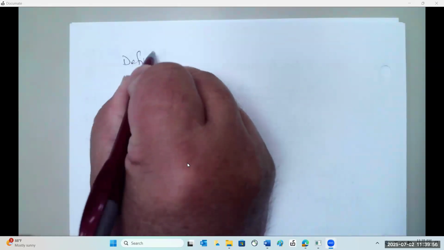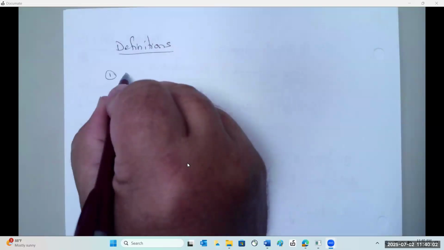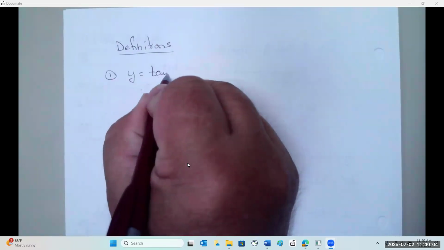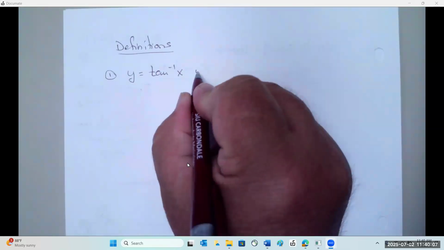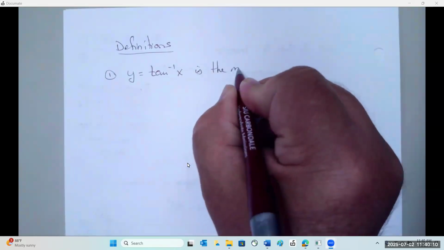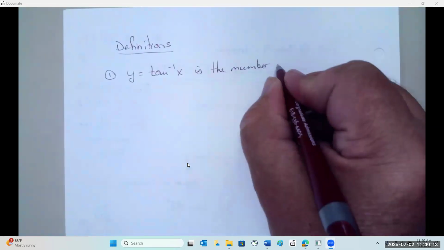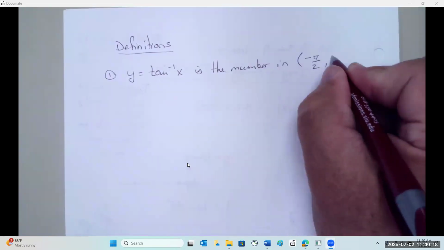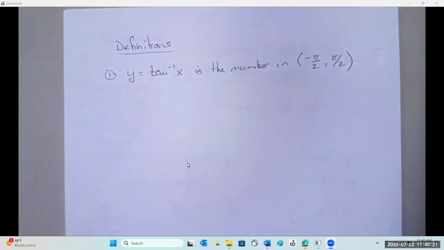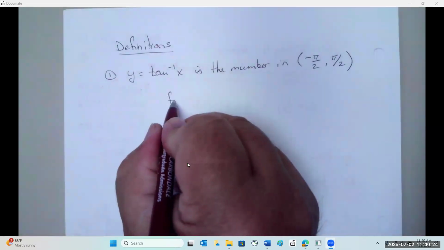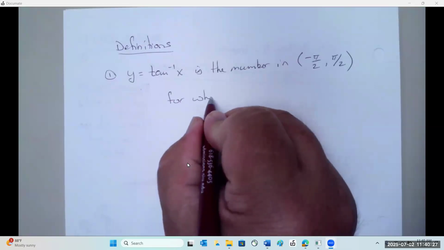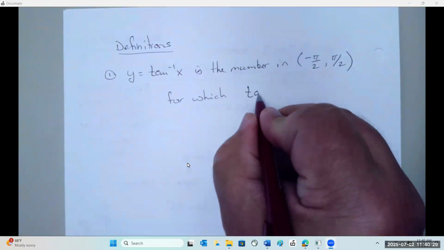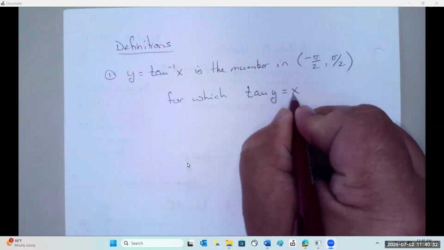Here are the definitions of what these functions are. The first one, y equals the inverse tangent of x, is the number in the interval negative pi over 2 to pi over 2 for which the tangent of y is equal to x.